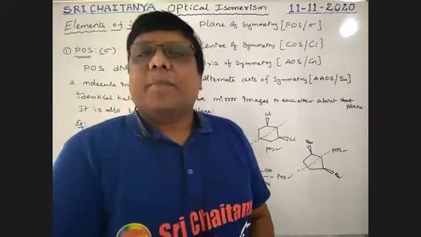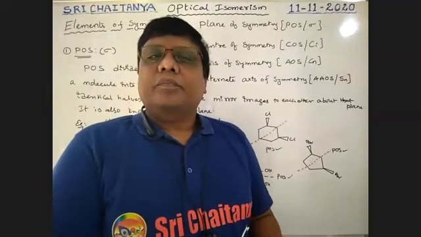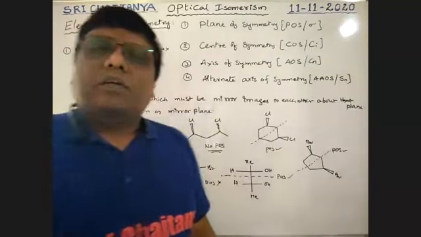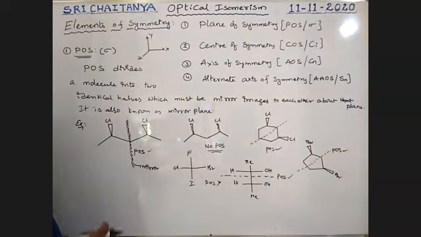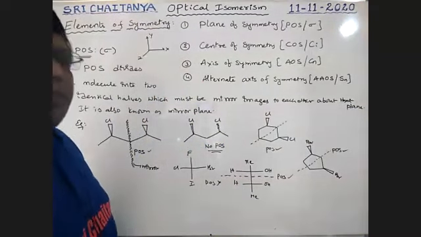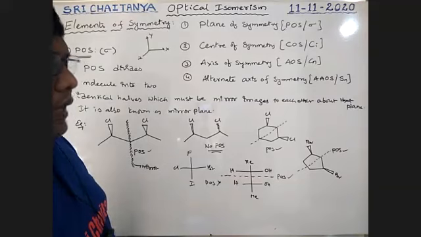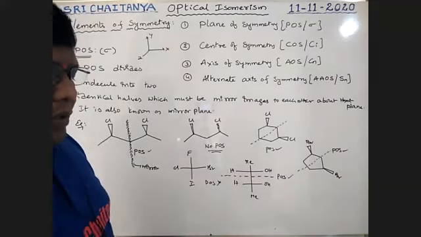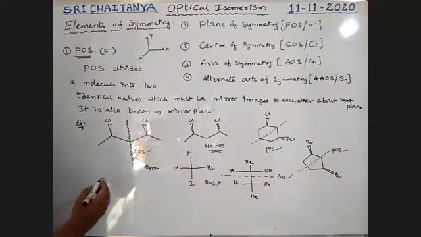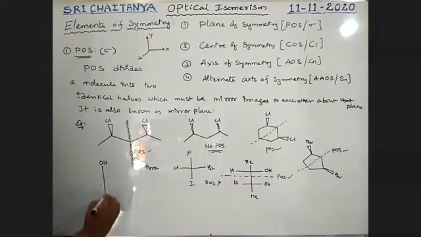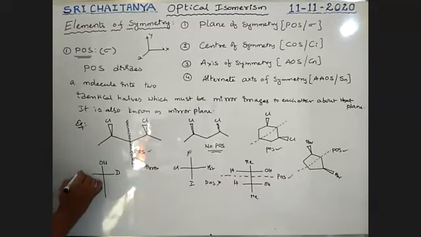Like this, a number of examples. So wait, I'm explaining. Please wait. That has a plane of symmetry in it. So like this, boys. See here, OH. So D means deuterium, boys. Hydrogen.